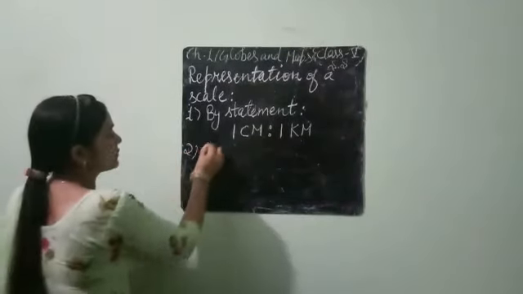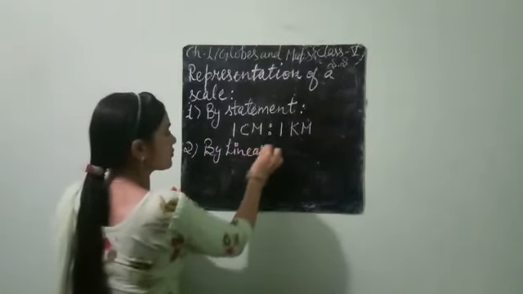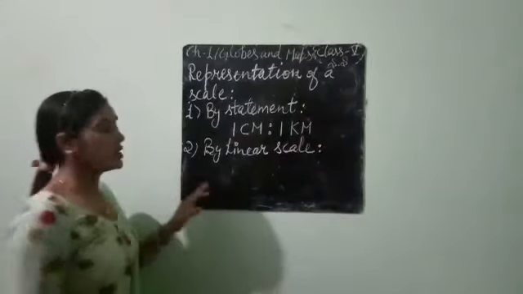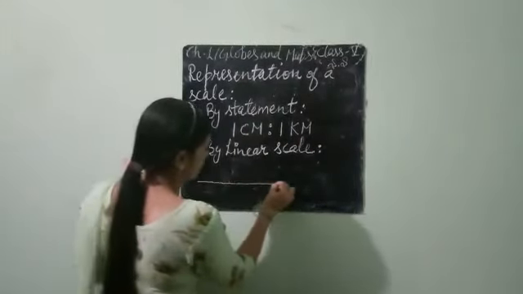The second way is by linear scale. In this method, we draw a line and we divide this line into some equal parts like this.